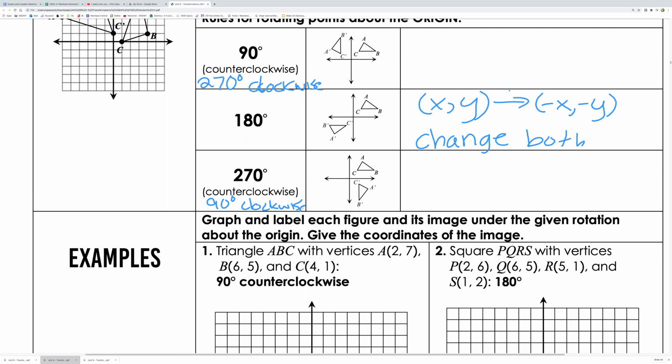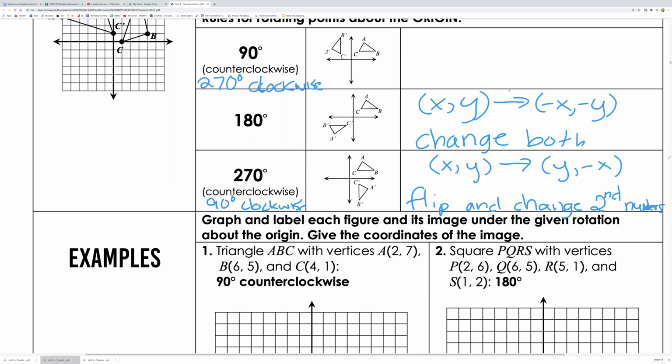Okay. All right, for 270, you are going to flip both of them again and change your second number. So it's going to look like this. So again, you flip and change second number. So you just kind of have to continually reference these rules. That's what's going to dictate how we're going to do it, okay?